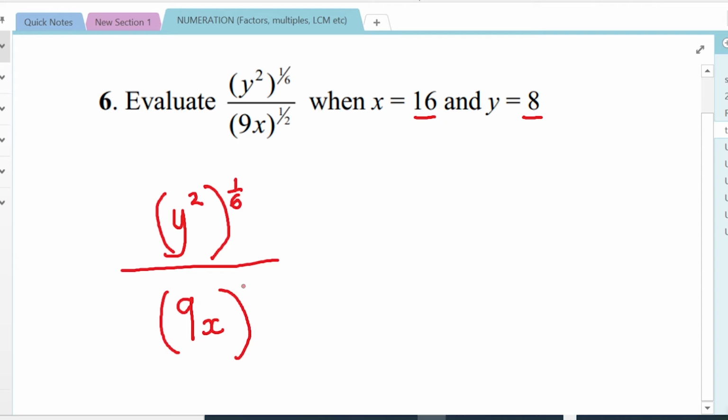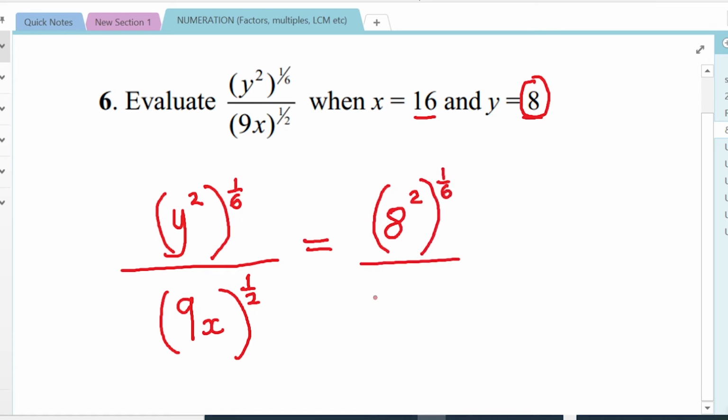This whole thing is to the power a half. Of course, that's going to be cool. We said y is 8. So this is same as saying 8 squared to the power a sixth. Divide that by, in brackets, this is 9 times x. X is 16, right? So it is 9 times x, which is 16.